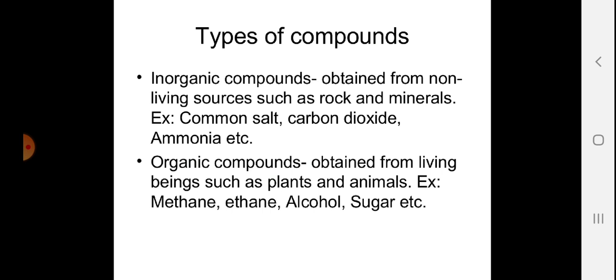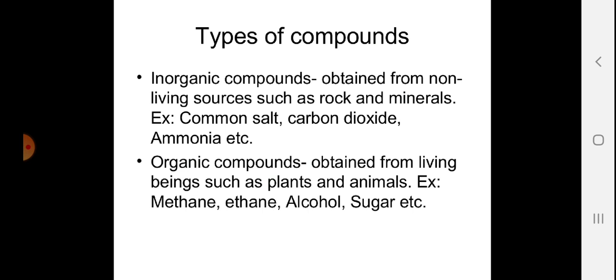Now, which are the types of compounds? They are inorganic compounds and organic compounds. Inorganic means they are obtained from non-living sources like rocks and minerals. Examples of inorganic compounds are common salt, carbon dioxide and ammonia.